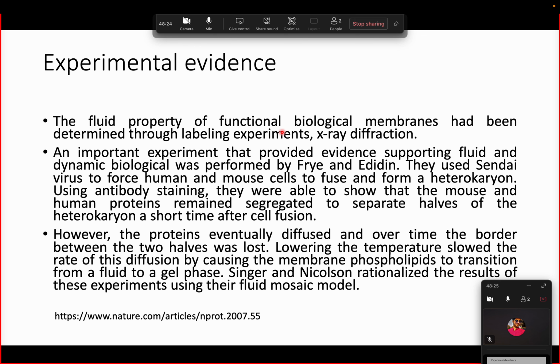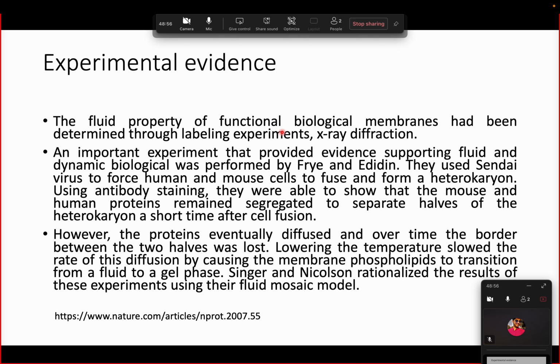These all are visualization techniques, and you can visualize components moving if the property we are determining is fluidic in nature, right? It will be easier to see if something is moving. If something is moving, we can say that it is not rigid and it is fluidic in nature. So this is exactly what the scientists have done to understand the fluidic nature of the membrane.